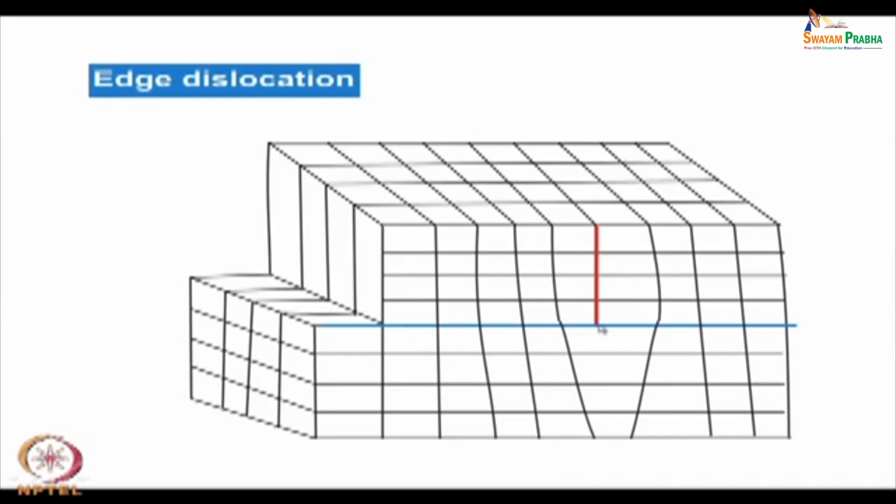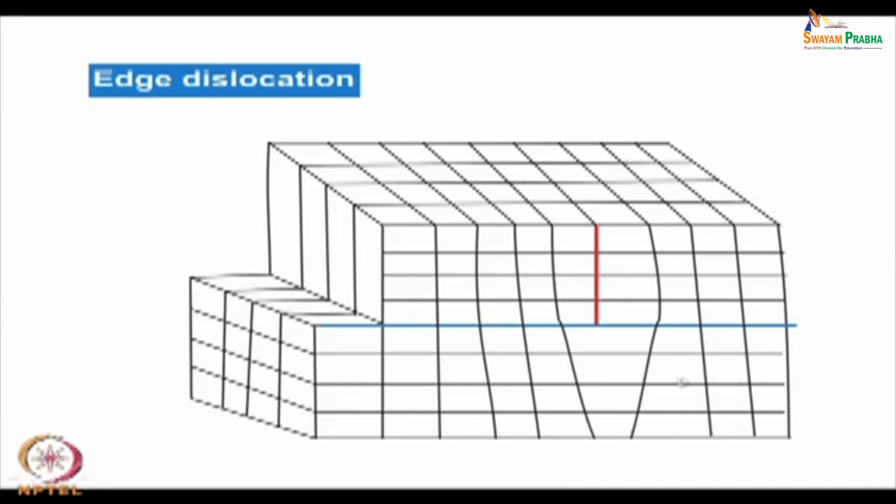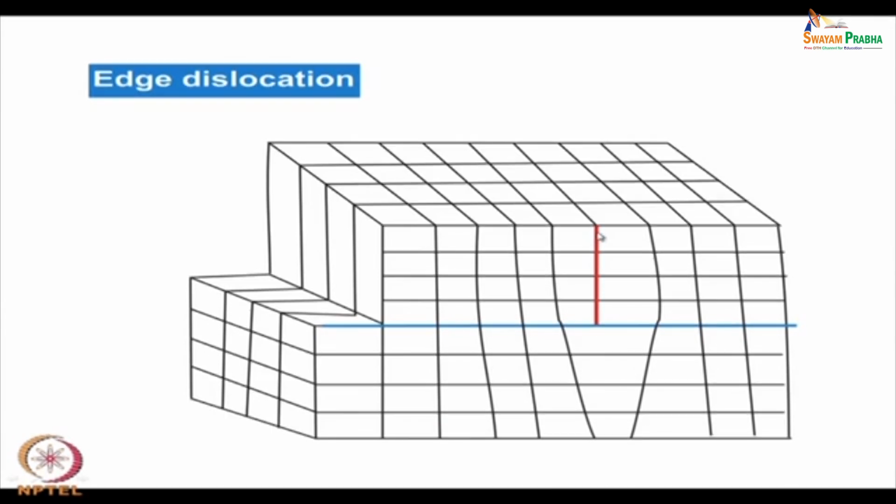That is the boundary between the extra half plane and the slip plane, the horizontal plane. The dislocation is not the extra plane; it is the boundary of the extra plane, or the junction of the extra plane with the horizontal plane, that is the slip plane.